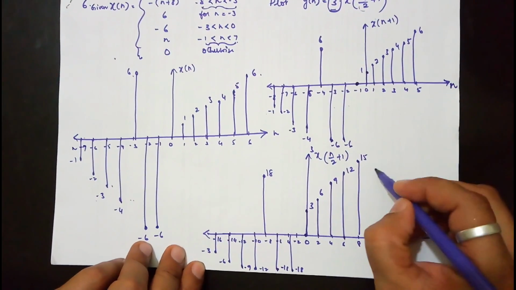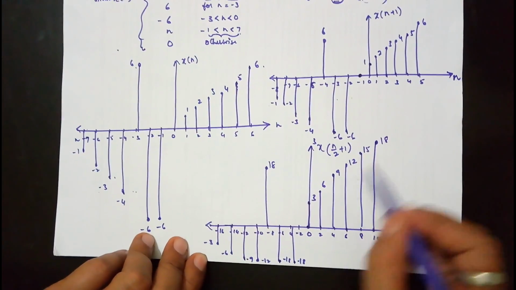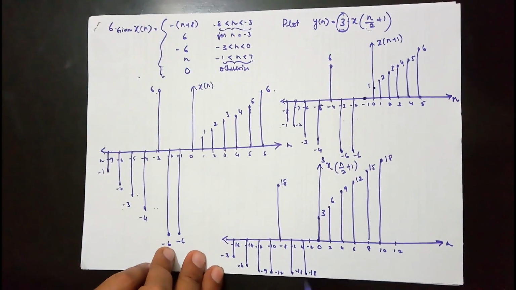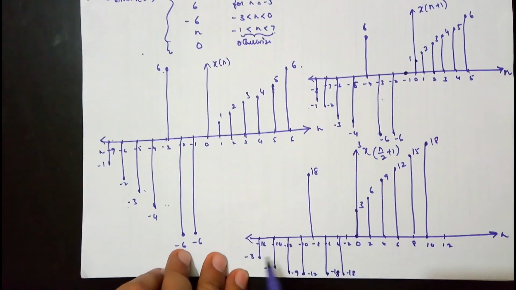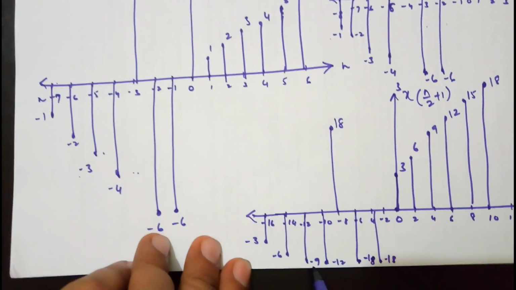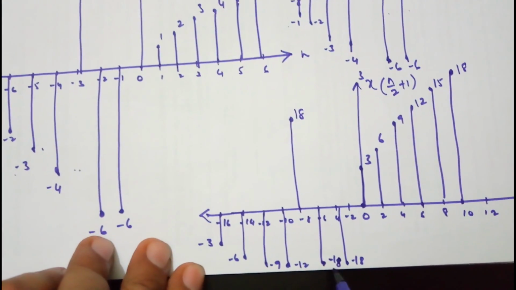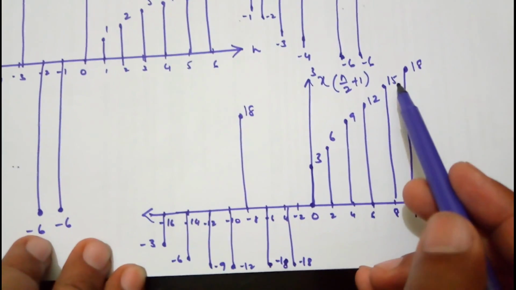And finally 6 into 3 is 18. The positive side is almost up to a scale, but the negative side I have not drawn up to the scale, but I have given you the values. That is minus 3, minus 6, minus 9, minus 12, minus 18, minus 18, minus 18, 0, 3, 6, 9, 12, 15 and 18.